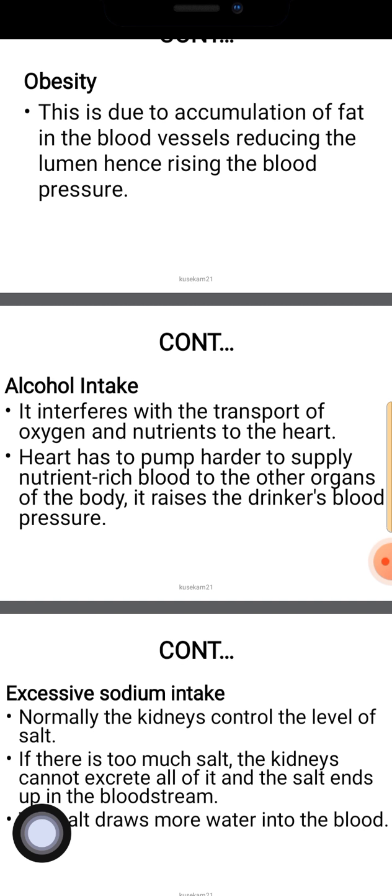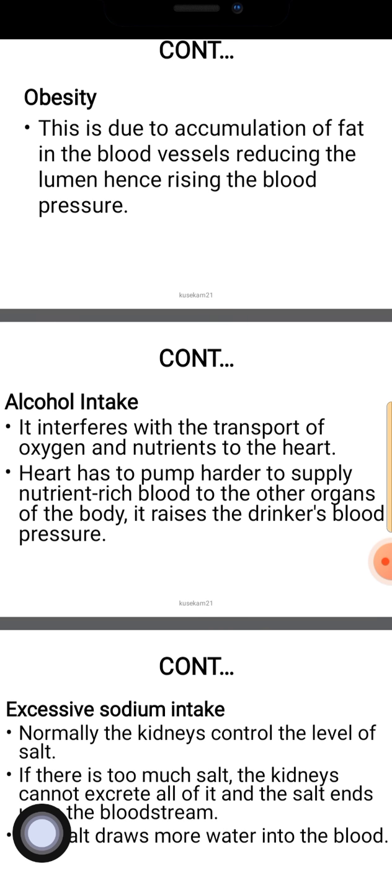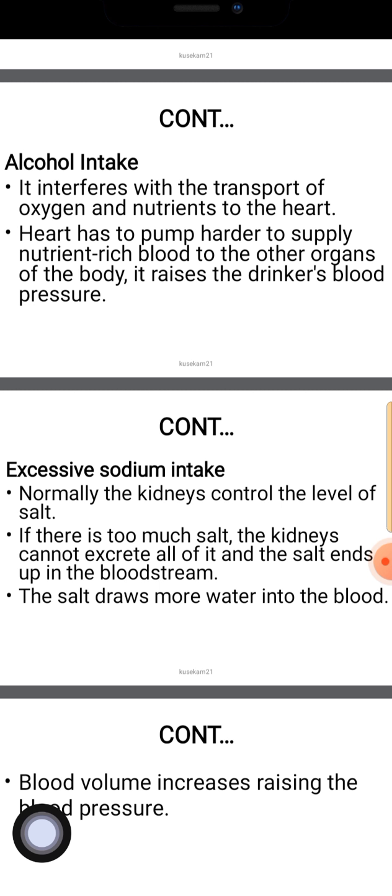And again, sometimes you may have atheroma, which is fat that will occlude the blood vessel. It will reduce the lumen of the blood vessel, making high blood pressure also, which can cause hypertension.